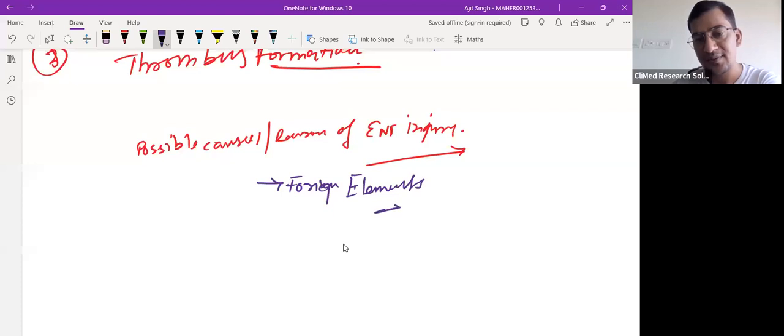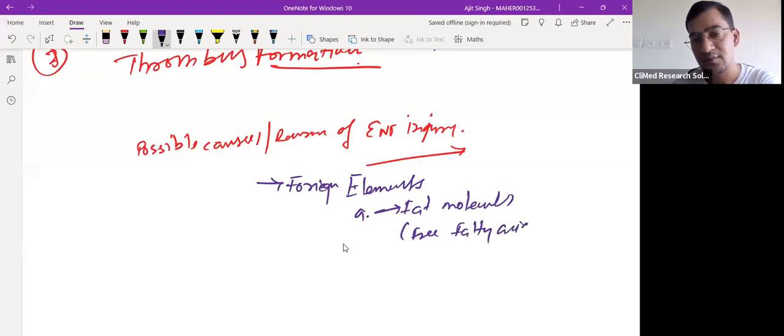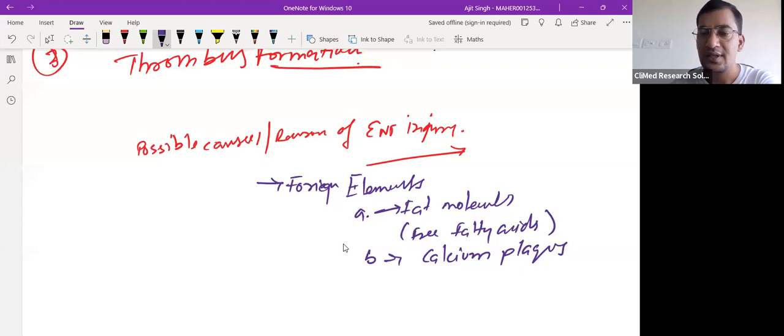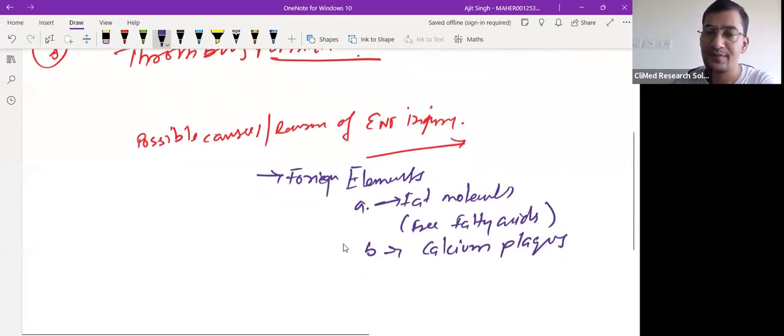Foreign elements means it could be fat molecules, we call them free fatty acids. That could be calcium plaques.